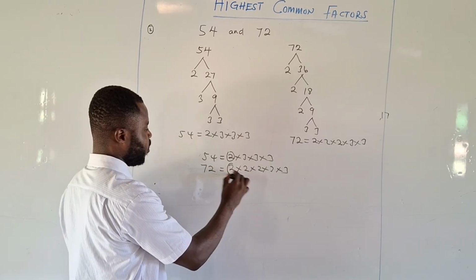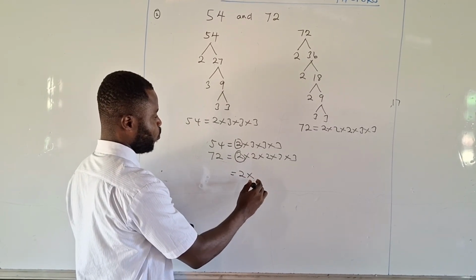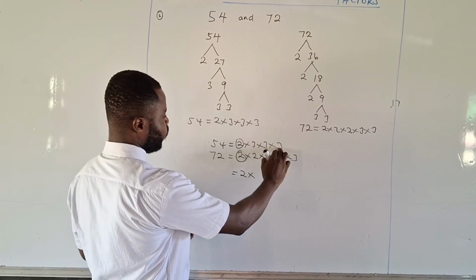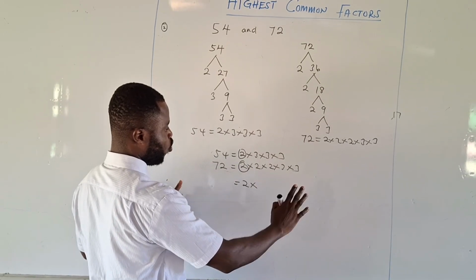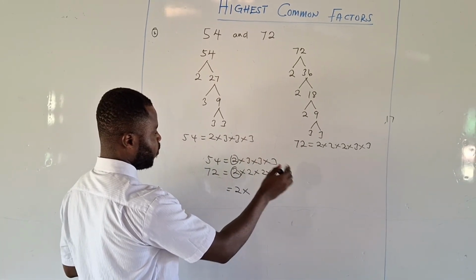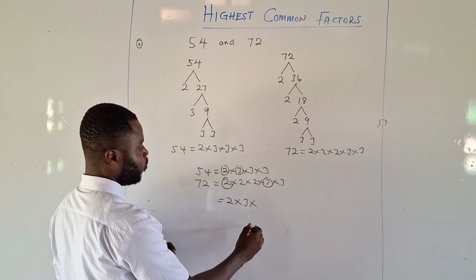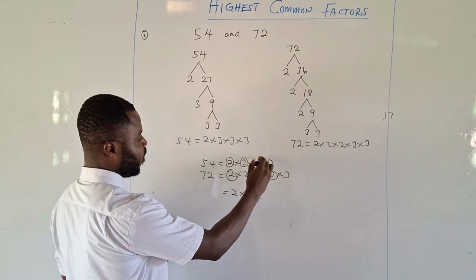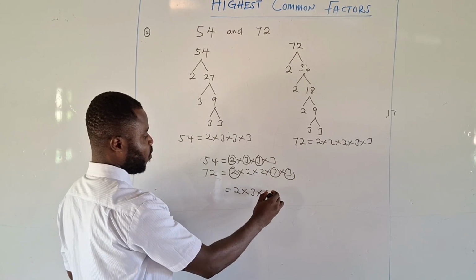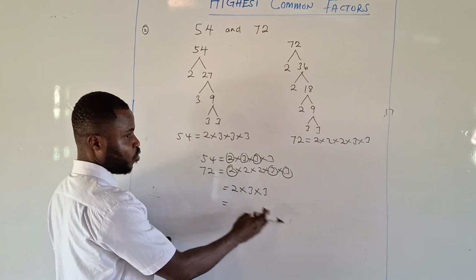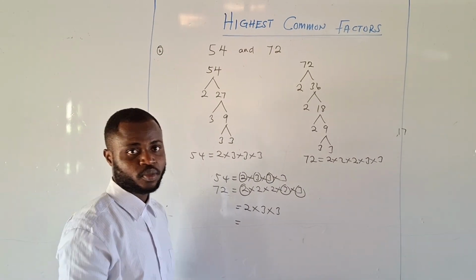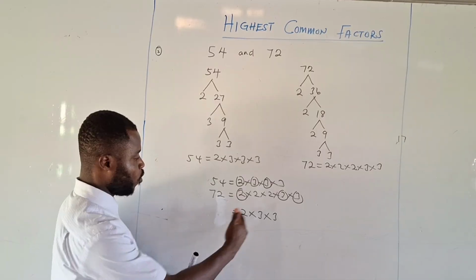Now 2, 1 is here, 1 is here. So we have 2. Here the 2 has finished, but we have 2 here. They are not common. The 3, 1 is here, 1 is here. So times 3. Then we can have another 3 here, matching with this one. That one too is 3. These are the common factors we have.